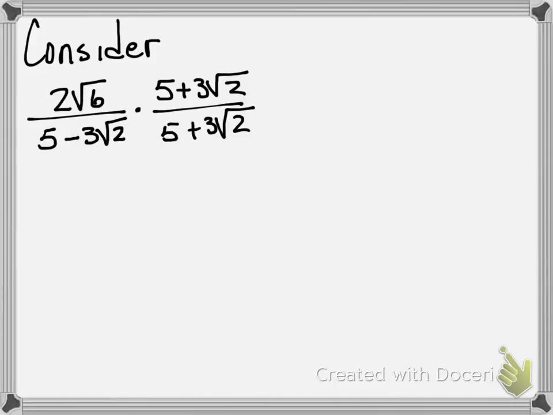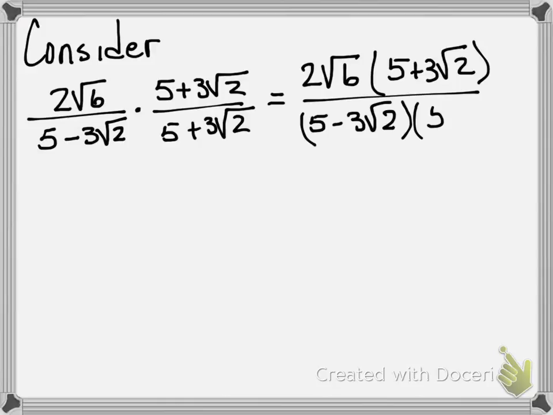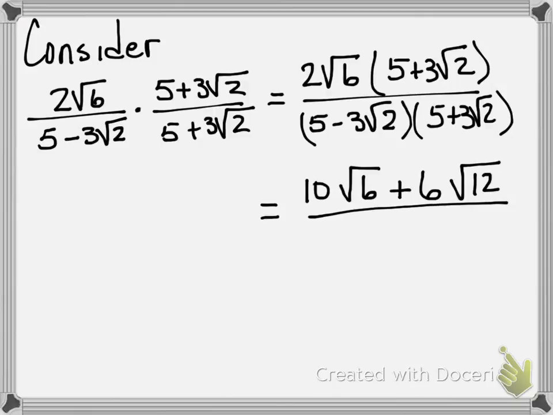So, ladies and gentlemen, we do the distributive property for the top again, and the distributive property for the bottom. And we end up with the following. That's the numerator. The denominator, pay attention carefully because it is the difference of squares.